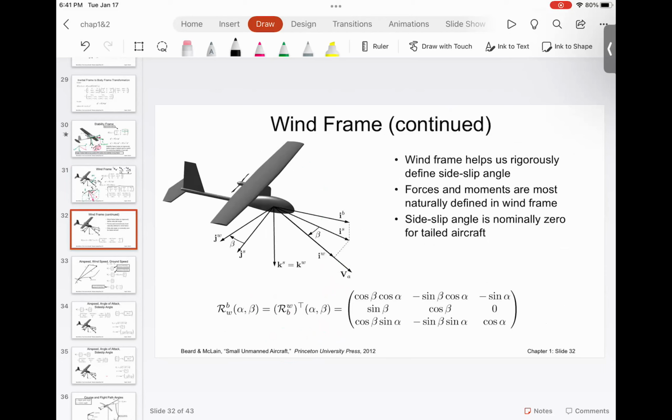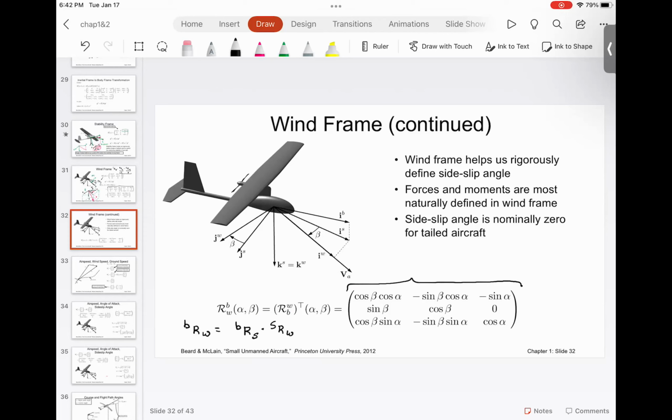If you are in the body frame and you want to transfer at the end into the wind frame, then you will have to multiply: first the transformation to the stability frame, then to the wind frame. And this is the final transformation.